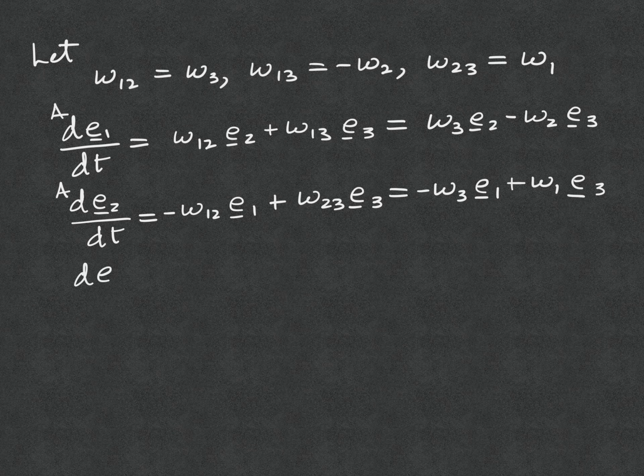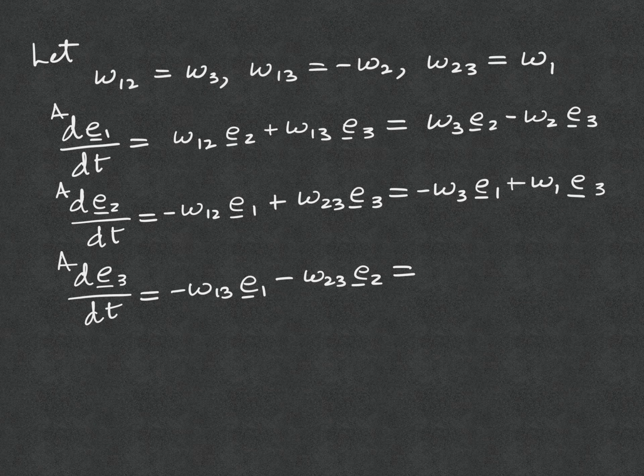And then this third rate of change is equal to minus omega 13 E1 minus omega 23 E2, which is, well, omega 13 is equal to minus omega 2, so this is omega 2 E1, and omega 23 is omega 1, so I get minus omega 1 E2.